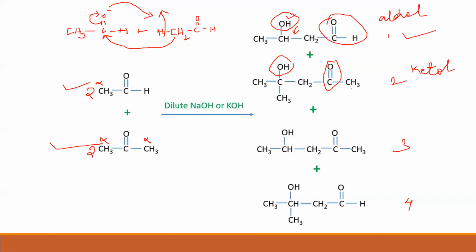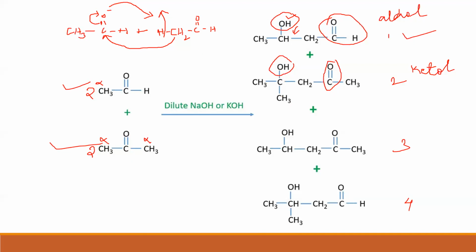This ketol is obtained when 2 moles of ketone react, 2 moles of acetone react, just like what we did here.